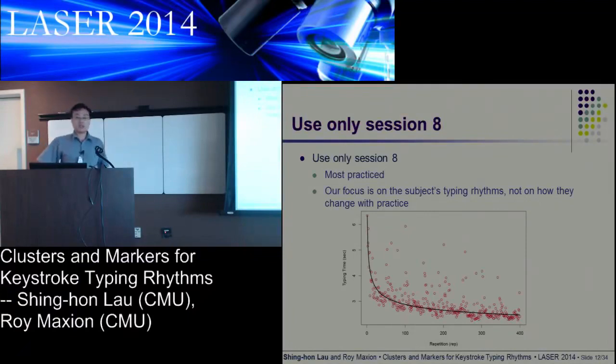And so the reason that we're using only the 8th and final session is that our interest here is in the subject's typing rhythms. We're not interested in how these typing rhythms are changing with practice. If we were to use all of the data that we have available to us, we risk confounding our experiment by capturing practice effects and potentially finding markers for practice instead of markers for what we're actually interested in.